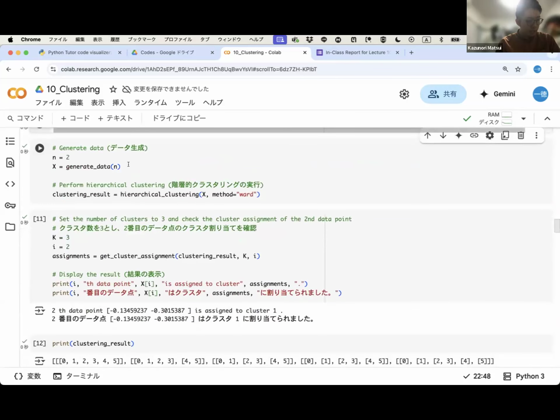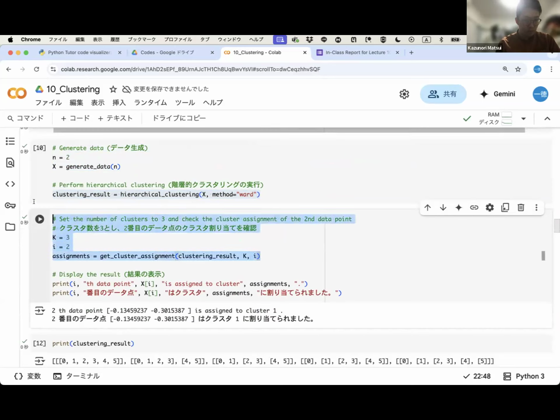We prepare data like this, executing hierarchical clustering. And when we want to know the second data point, when the number of clusters is 3, we write it like this.